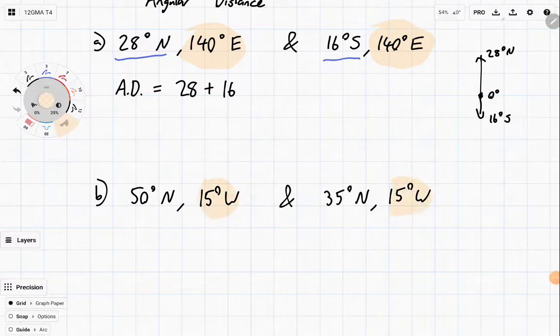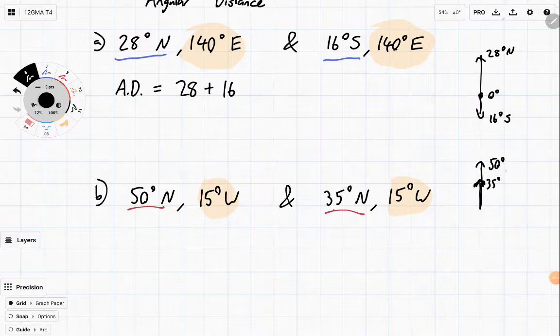But this time you'll notice that they're both north. So how does this look on one of my little diagrams? Well, one of them is 35 degrees north, and the other is even further than that. It's all the way at 50 degrees north.